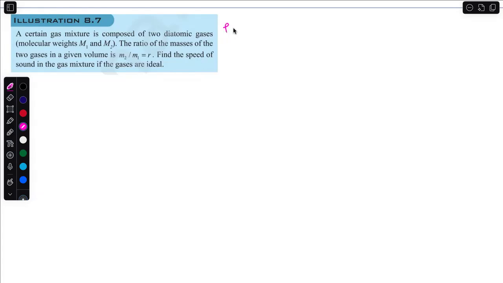What is density? Density is simply mass by volume. You said M1 and M2 are the masses occupying volume V. Yes or no?